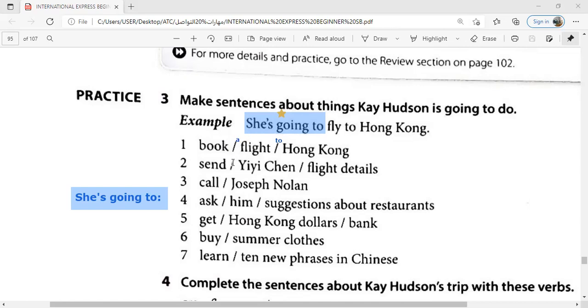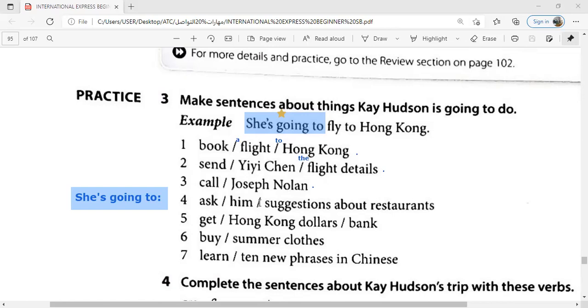Number 2. She is going to send Yi the flight details. إن أداة تعريف. The flight details. She is going to call Joseph Nolan. هاي الجملة لا تحتاج لأي شيء كاملة.